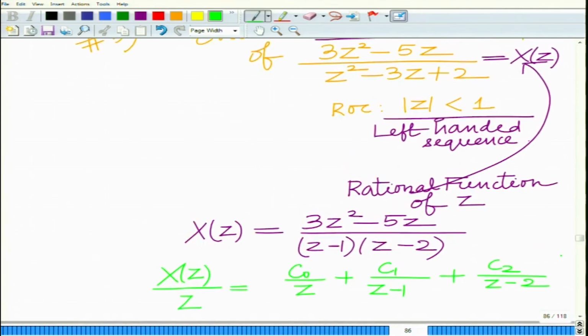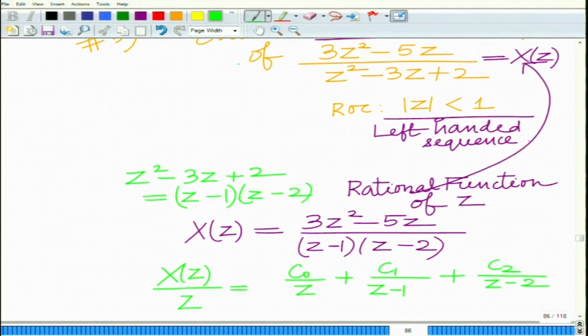By the way, I forgot to mention that z² minus 3z plus 2 can be expressed as (z minus 1) into (z minus 2). Now, remember there is one more step here. We have z² minus 3z plus 2 equals (z minus 1) into (z minus 2).